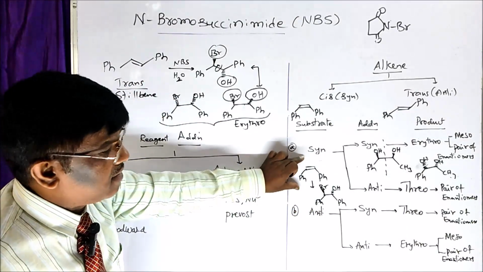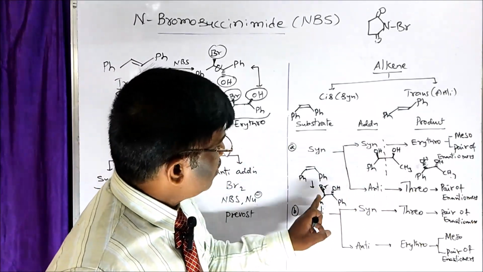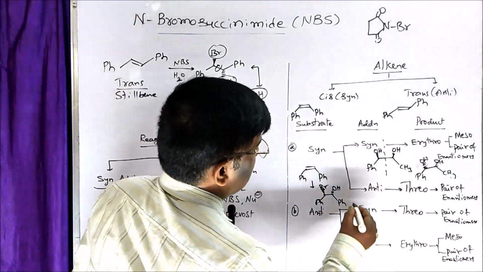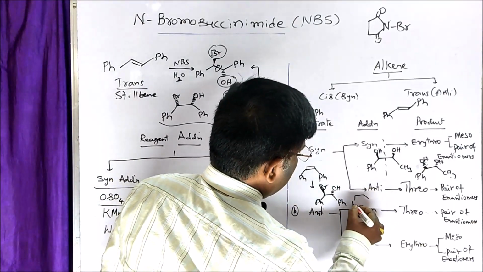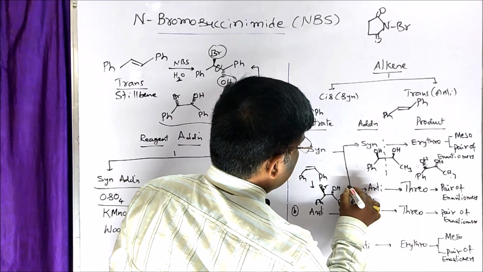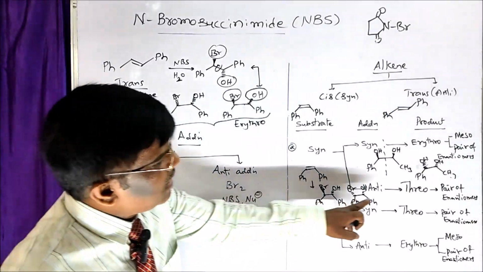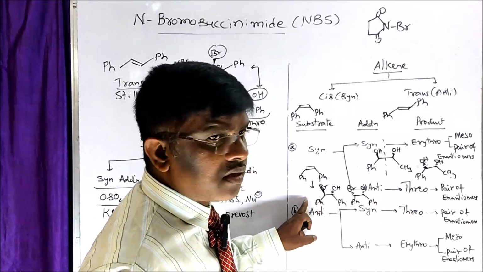If I take the cis example, this is the product. So this is threo. Two groups are opposite to each other, right?